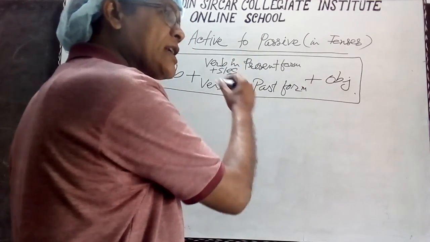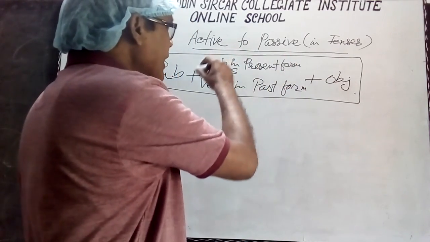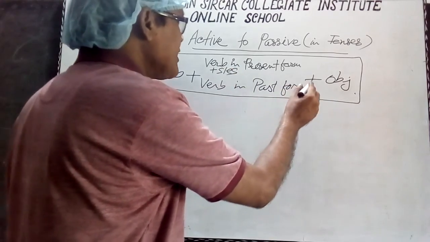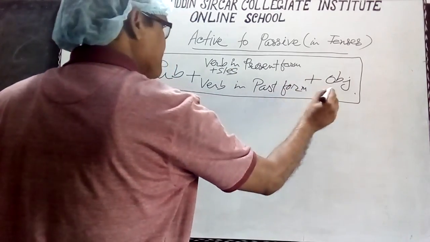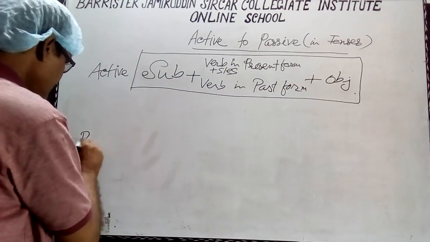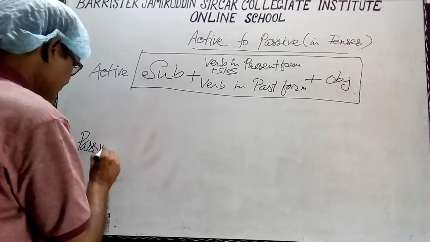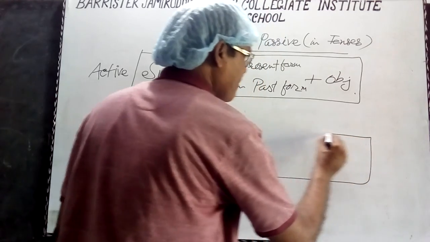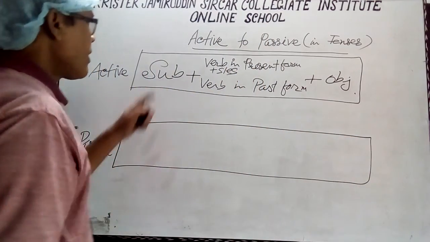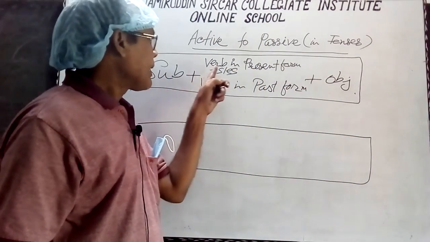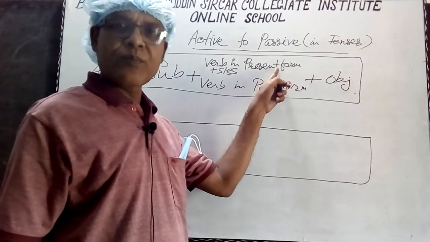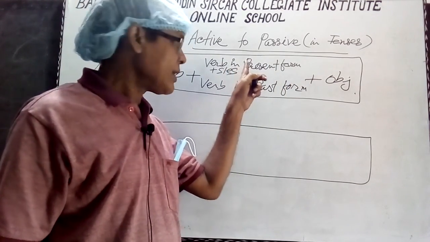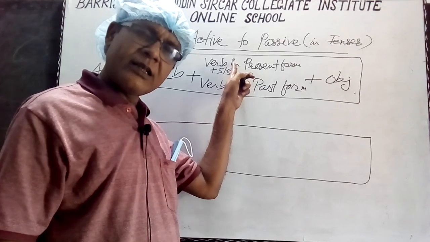So in this case, the form will be changed. I repeat again, when the verb is in the present form, or takes s or es, then it is in the present indefinite.